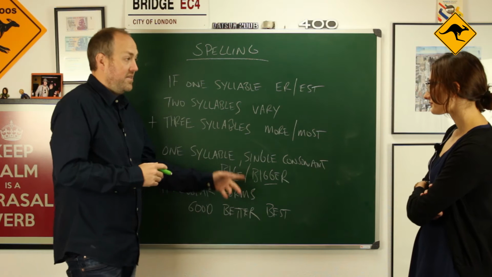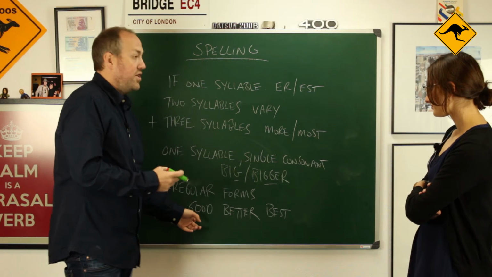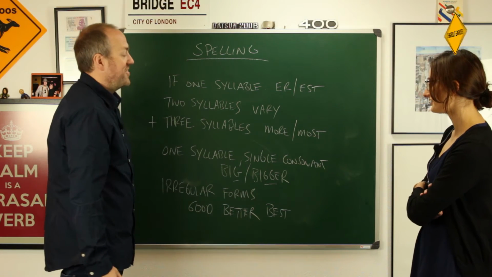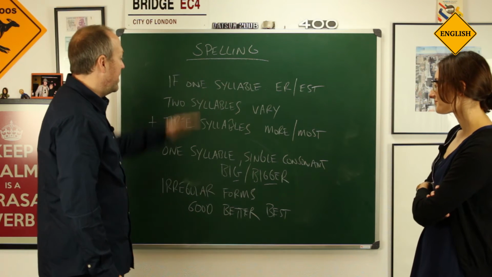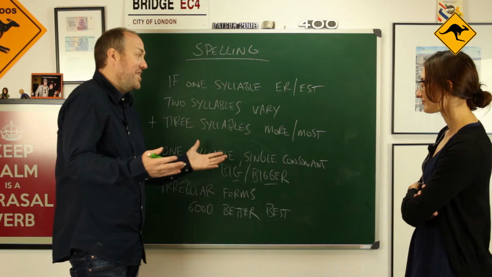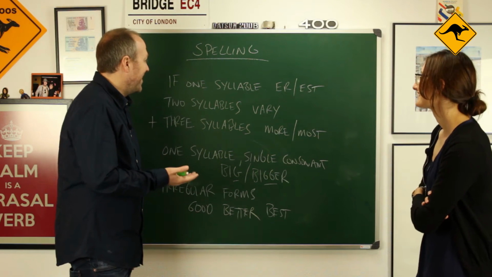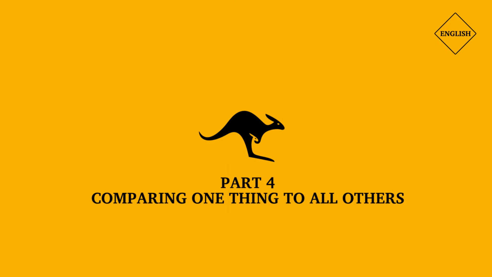And like with all things in language, the adjectives that are the most common are the most irregular. Yes. So you have to memorize the irregular ones. But these are general guidelines for the spelling, and of course, because it's English, there are exceptions. Yes, of course. Okay, so now let's look at some of the different types of comparisons.